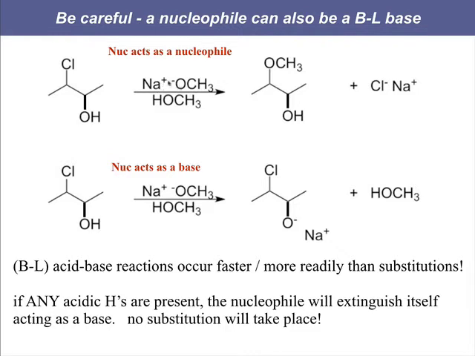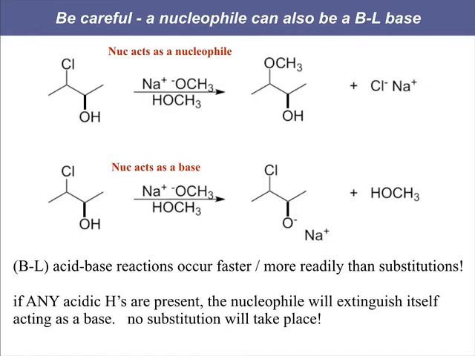The OCH3 minus turns into HOCH3, and the HOCH3 turns into OCH3 minus. So it doesn't change the equation at all. We don't really lose our nucleophile. If our nucleophile goes after that H, we just make a new nucleophile as a result of that.